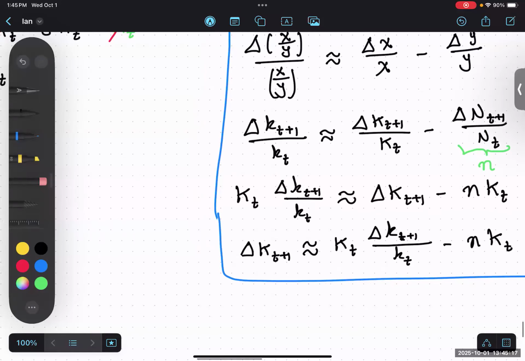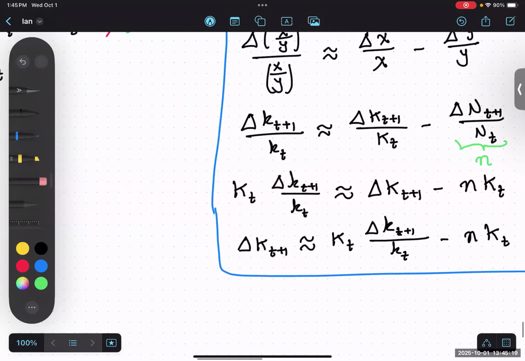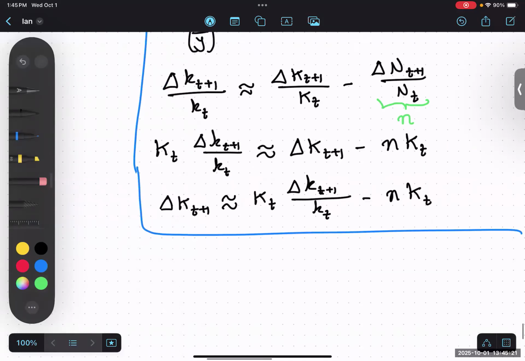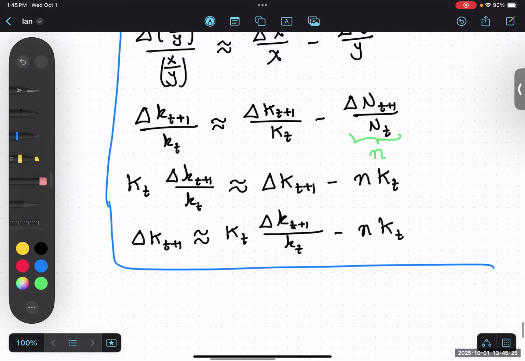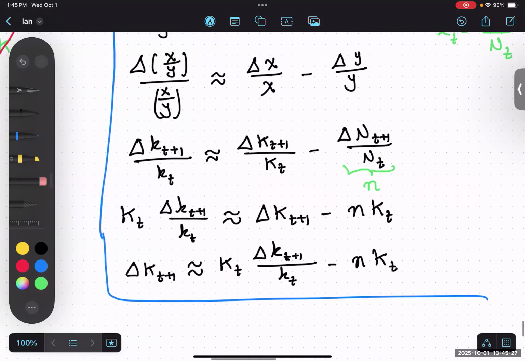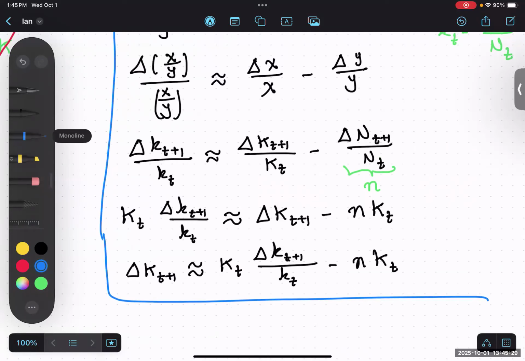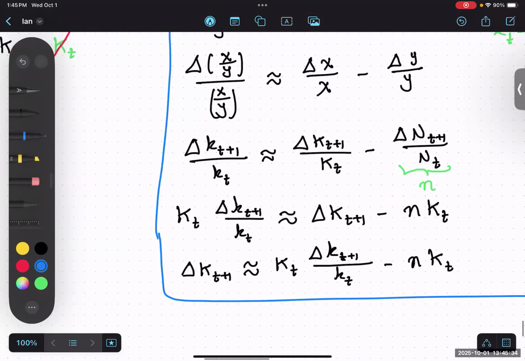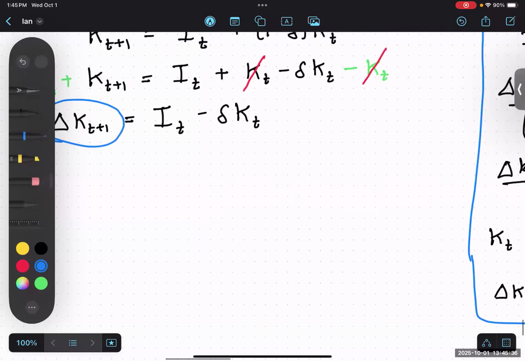But the only thing that I will do is to use the expression that I have at the end in this blue square instead of the delta kt plus 1 that I have in the dynamics of the model.